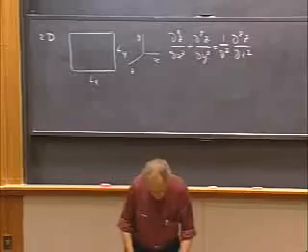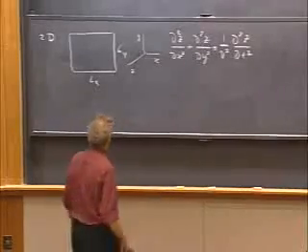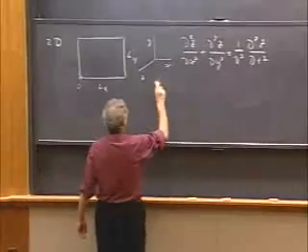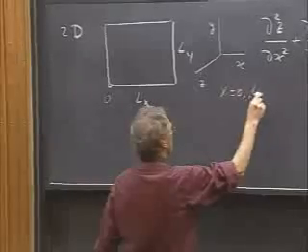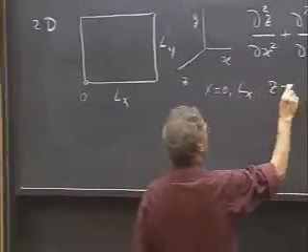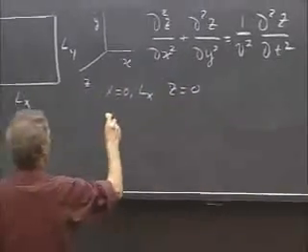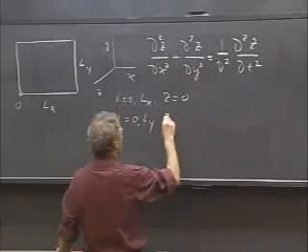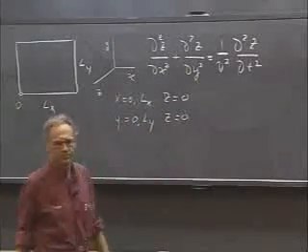And when you put in your boundary conditions, for x equals 0, and for x equals Lx, you want z to be 0, because the membrane cannot move, and for y equals 0, and for y equals Ly, you also want z to be 0.